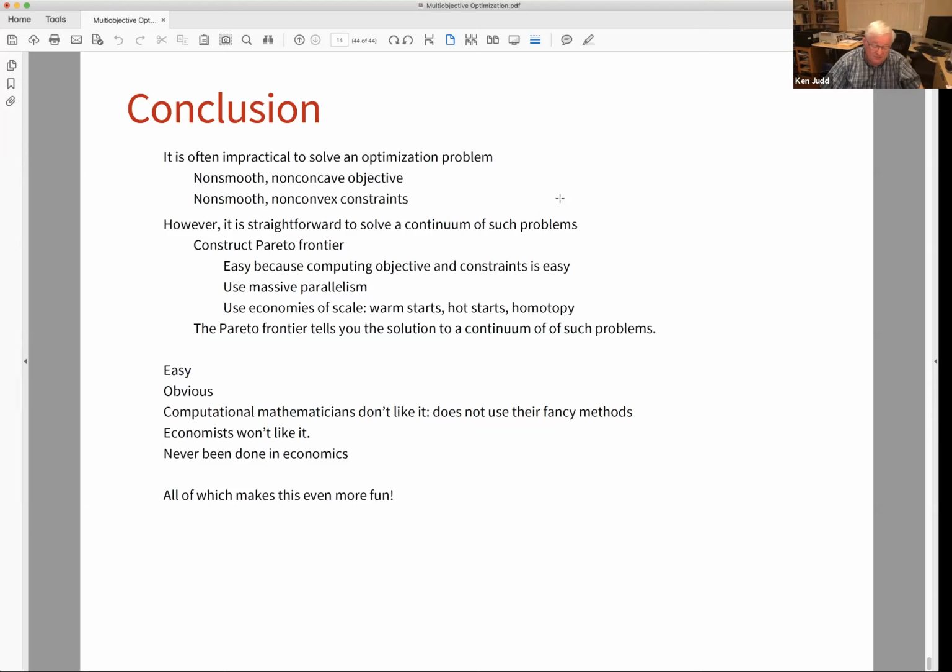You just figure out, just draw the line, and you solve the optimization problem. So solving a continuum of problems is straightforward, and it is easier and more reliable than solving a single example of those. By the way, this also applies to principal agent problems.